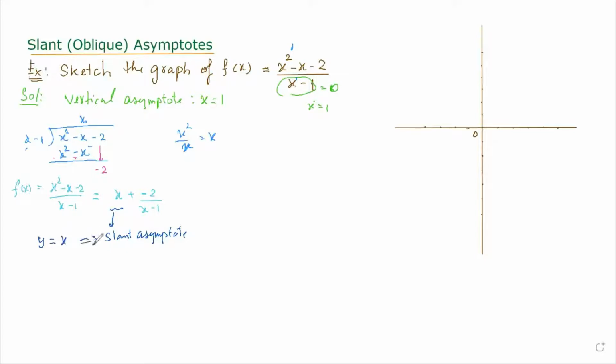This is the slant asymptote. Now we have a linear equation, and we need to plot its graph. It is exactly like a line at 45 degrees when you plot the graph. Okay, we will plot the graph later.